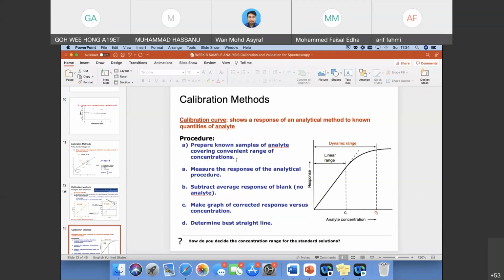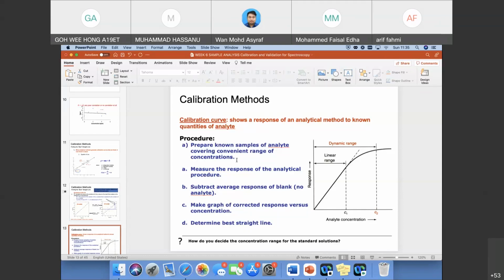Convenient range here means that you need to know the detection limit or the maximum limit of the instrument that you use. For example, when you do AAS, for a particular hollow cathode lamp, which is for a particular analyte, it is stated that the linear range would be maximum at 2 ppm only.